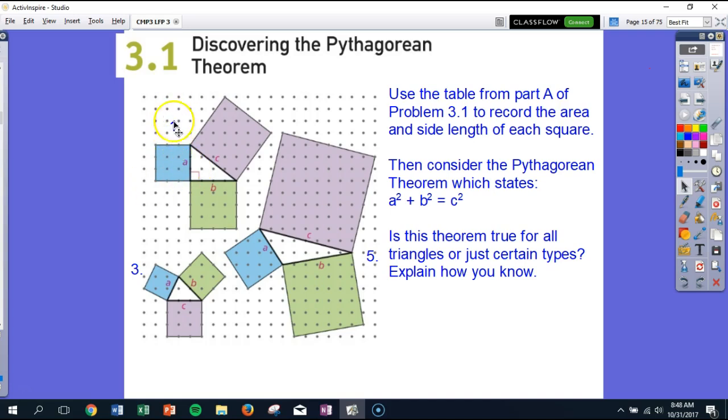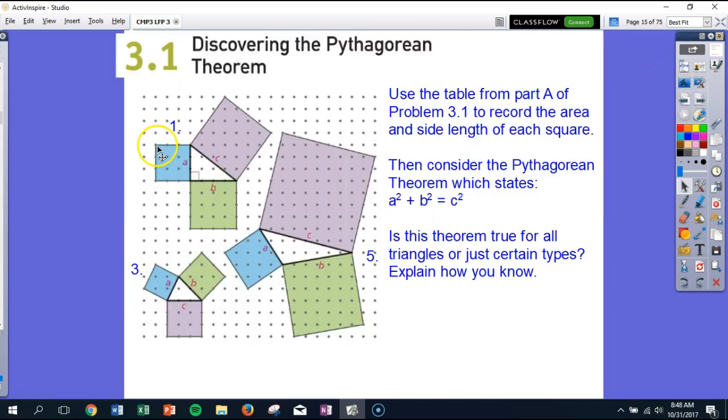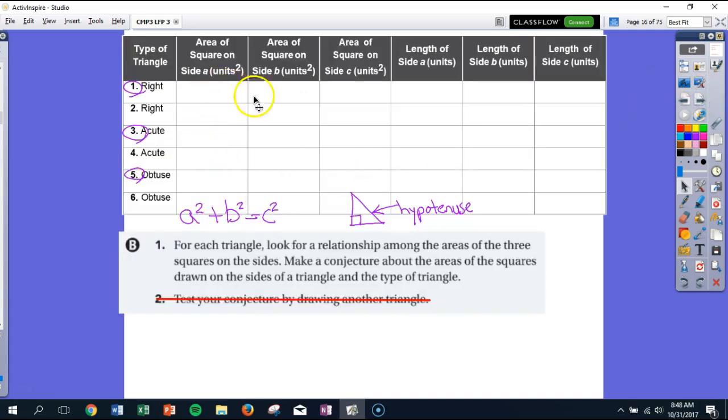If we look at number 1, this A here has an area of 3 by 3, so our area there is going to be 9, and we'd fill that in right here as the area of the square on side A. And then our side length, as we counted, is 3, and we'd record that here.